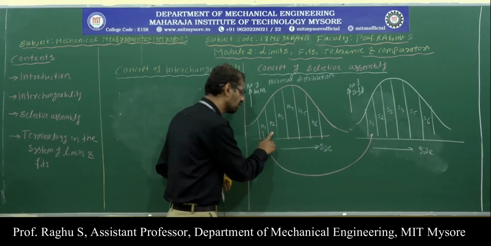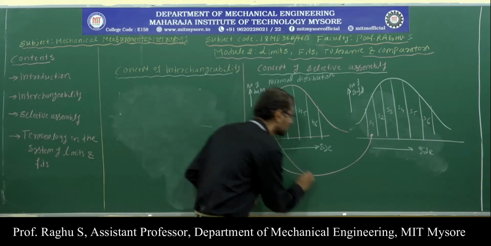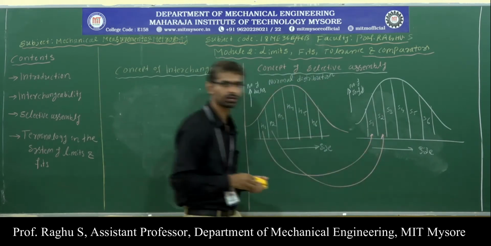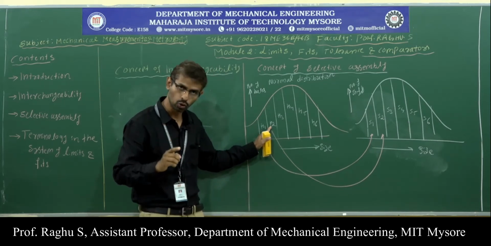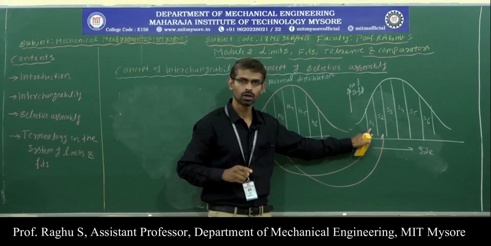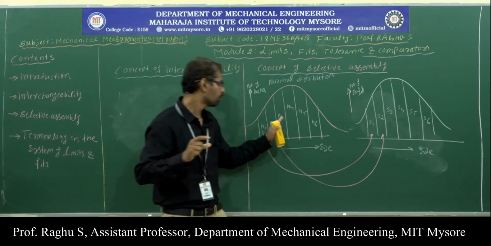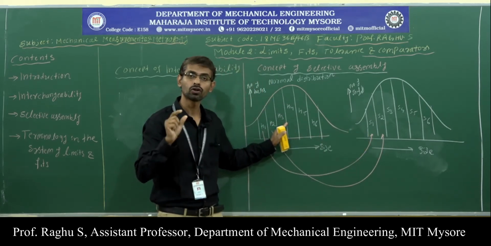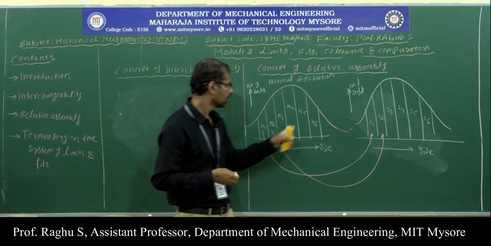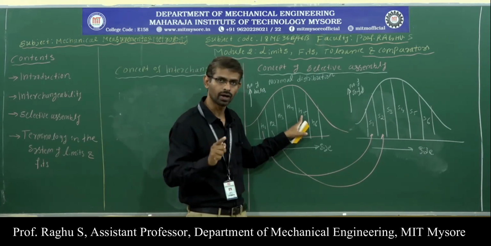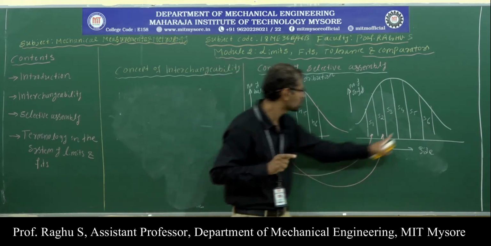Next, the holes in H2 are to be assembled with S2 only. I cannot assemble a hole in H2 with S1 because the parts produced by machines are grouped based on their sizes. Next, the holes in H5 are to be assembled with S5 only.